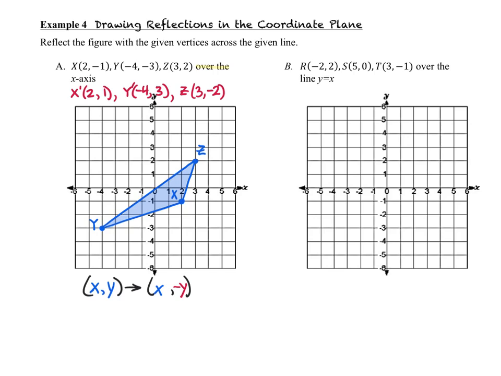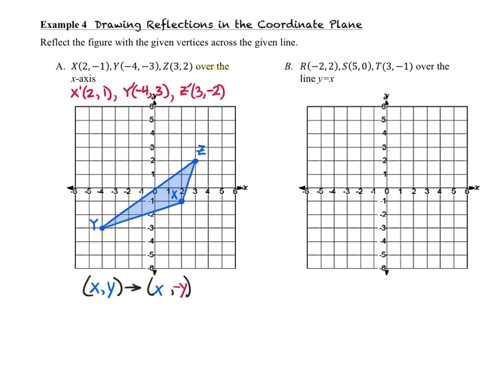Whoops, this is Y prime and Z prime, sorry about that. So now what we've got is the 3 coordinate pairs for the 3 transformed points to be able to draw our reflected triangle. So let's go ahead and plot those points.